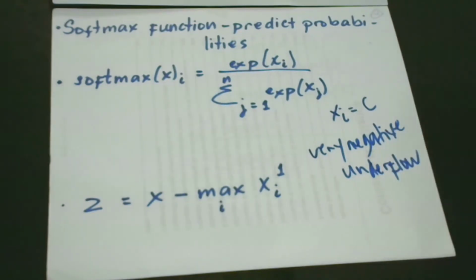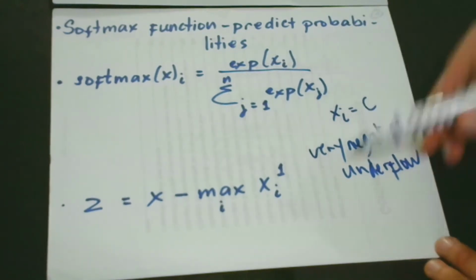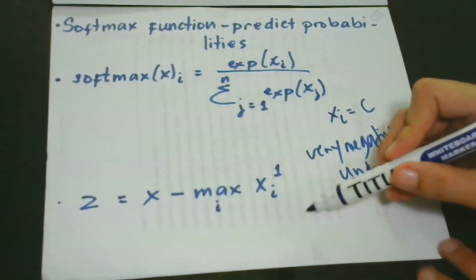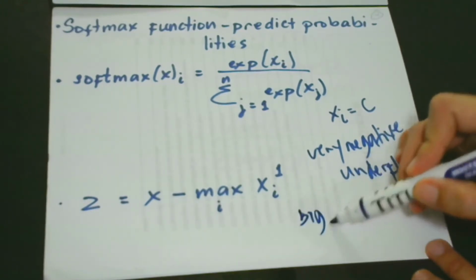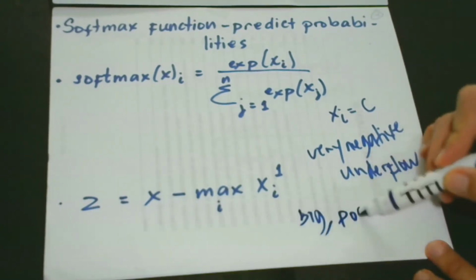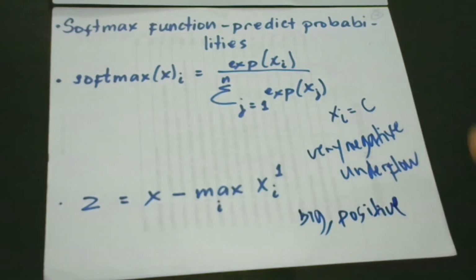On the other hand, if c is very big and positive, let me write here, it is very big and it is positive, what would be the case then? It's the opposite of the first situation. In this case, exponential c will overflow.